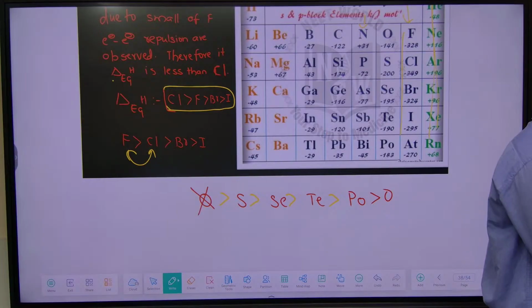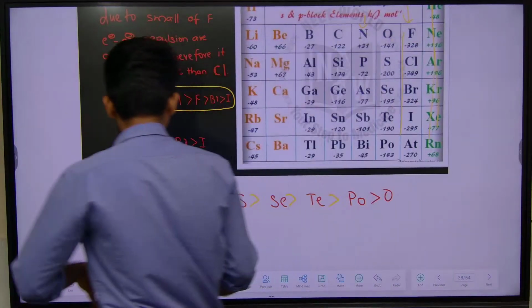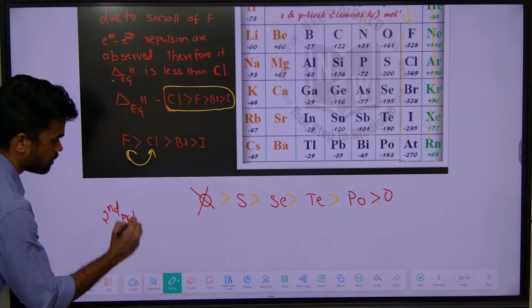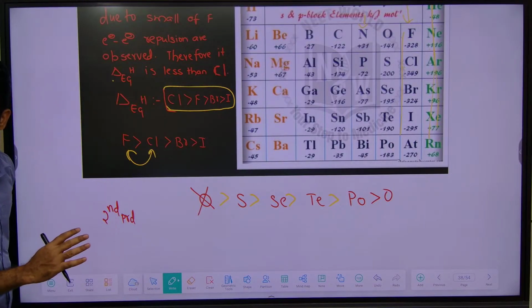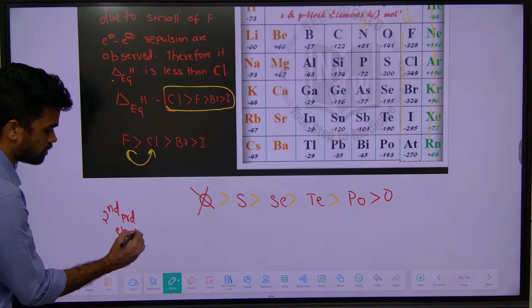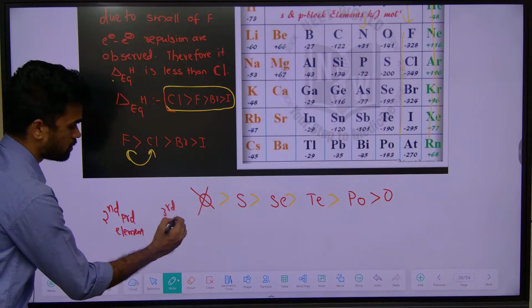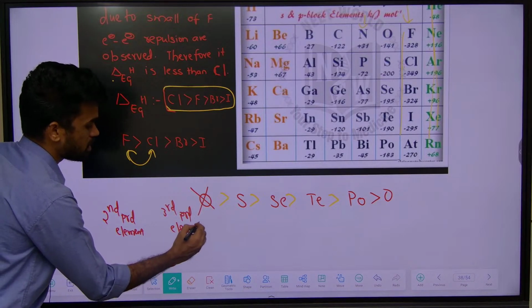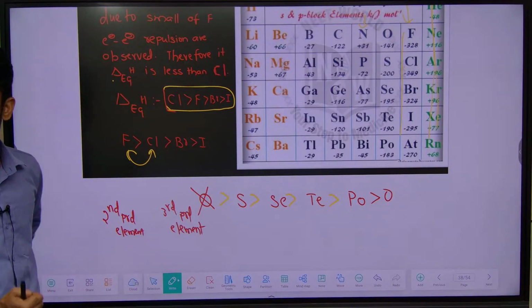అంటే మనకి ఇక్కడ ఒక క్లారిటీ వచ్చింది. Between two second period elements, down the group it decreases, and మనకి అర్థమైంది. But if I say second period element and third period element, which has more electron gain enthalpy from our discussion?